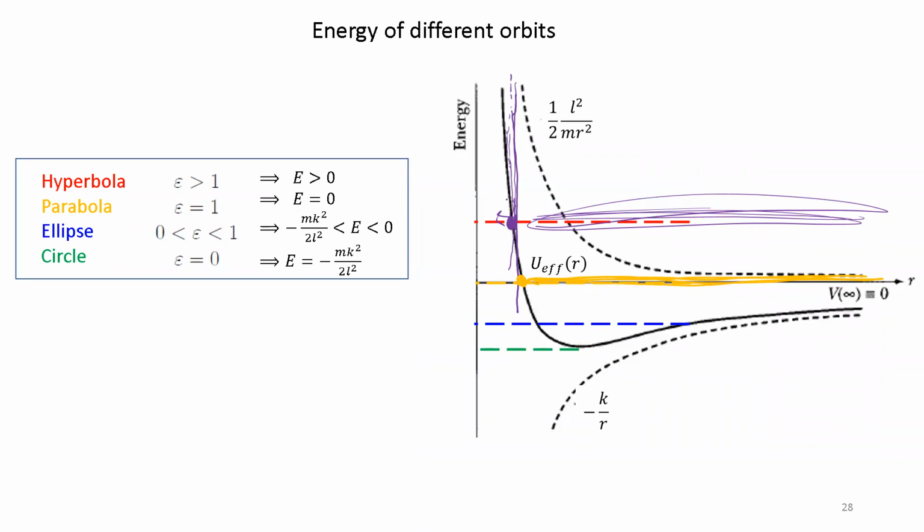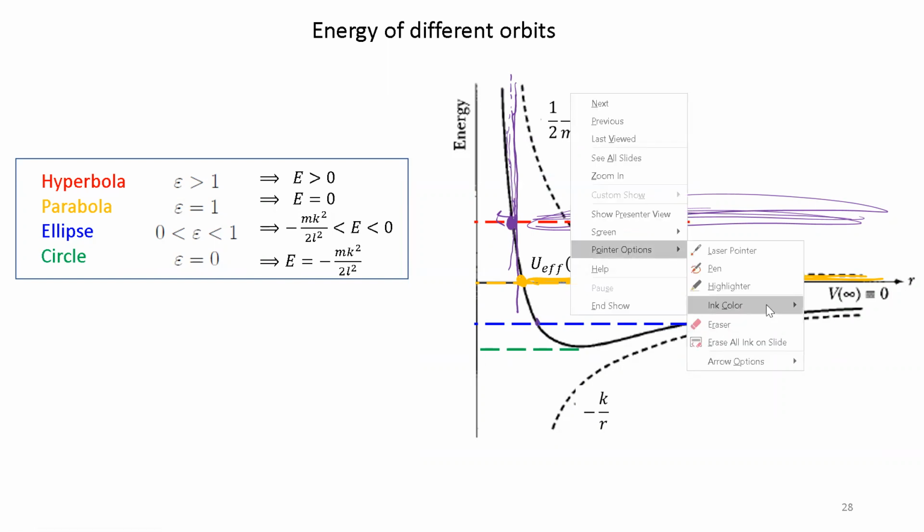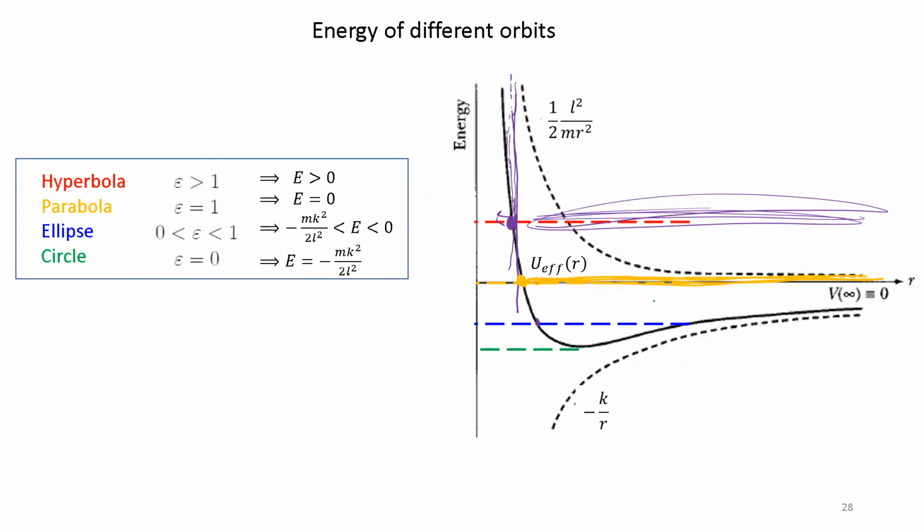Okay. Now, if I have an ellipse, my energy is at this blue level over here. Then your particle will be allowed to move between 2 points, this point and this point.